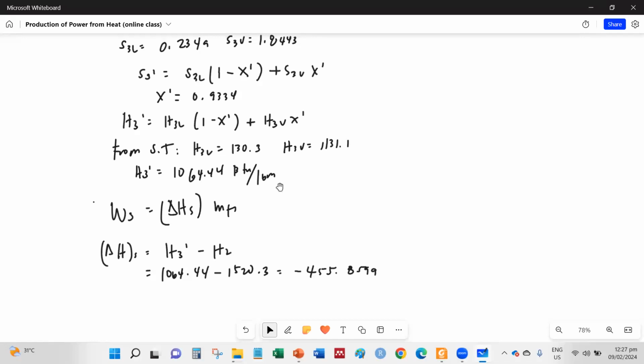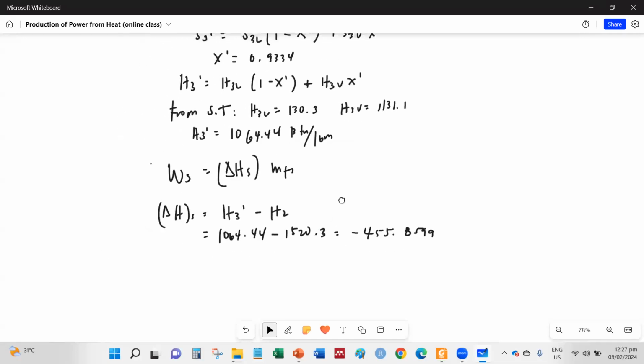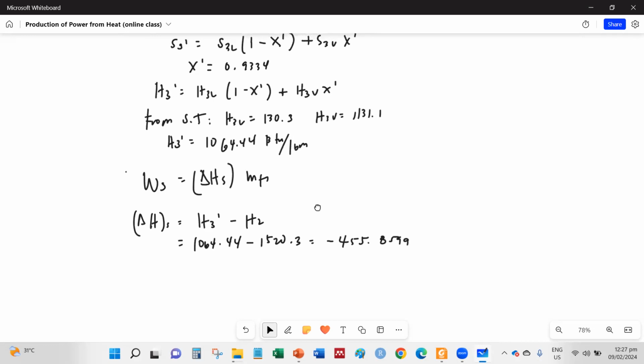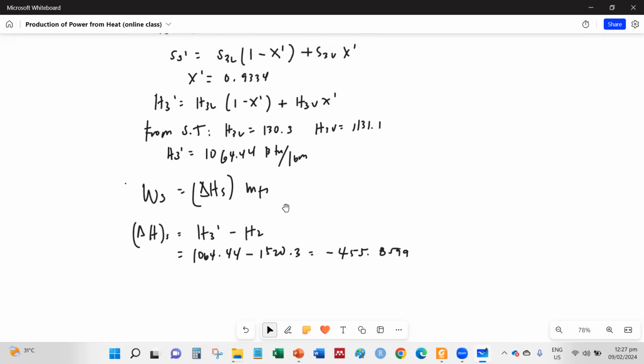Remember that we are given the efficiency of the turbine. And what we want to know is the mass of flowing stream. The work is given, this is something that we can calculate, and this is required.